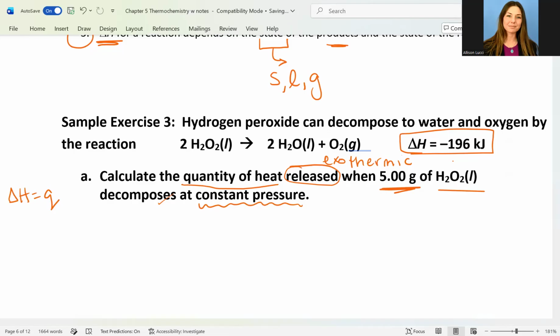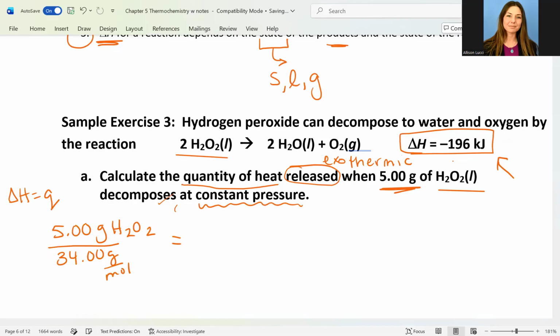And we know that for every 2 moles of H2O2, we release negative 196 kilojoules. So if we were to find out how many moles we had, we could take 5.00 grams of H2O2, and then we're going to divide that by the molar mass, which 2 oxygens are 32, and then we add 2 more, so we have about 34 grams per mole here for our molar mass.